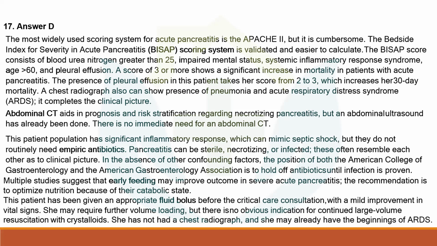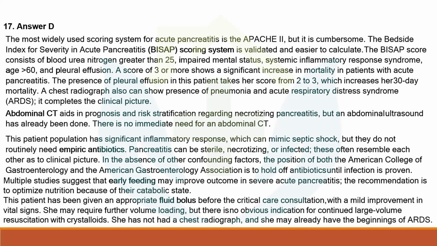The most widely used scoring system is APACHE II, but it is cumbersome. The BISAP scoring system is validated and easier to calculate. The BISAP score consists of blood urea nitrogen, impaired mental status, SIRS response, age, and pleural effusion. A score of 3 or more shows a significant increase in mortality in patients with acute pancreatitis. The presence of pleural effusion in this patient takes the score from 2 to 3, which increases her 30-day mortality.